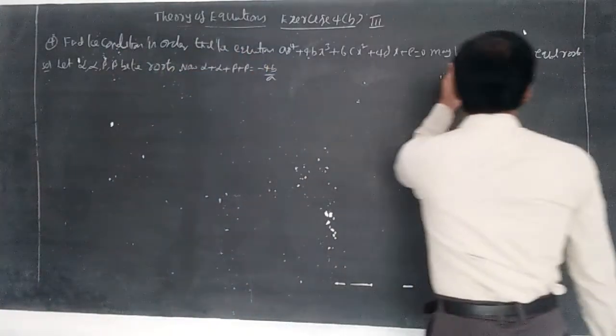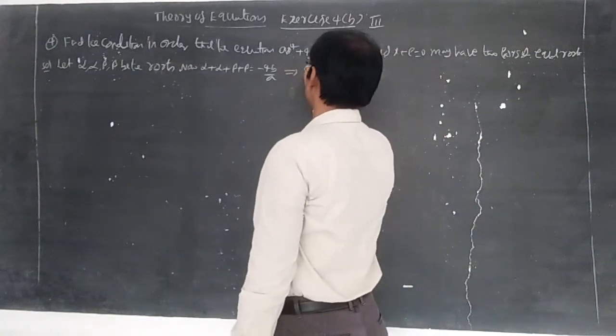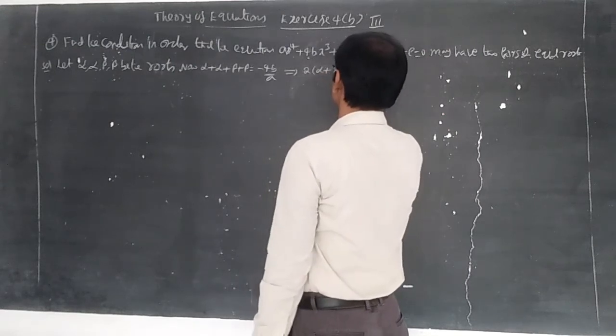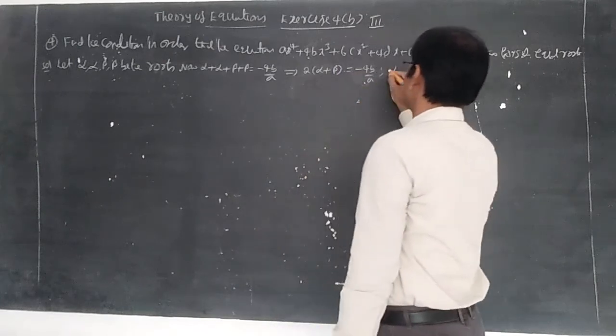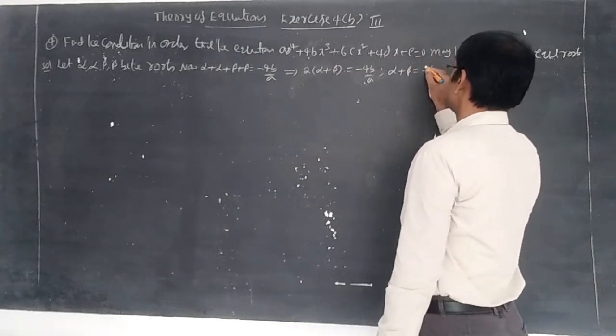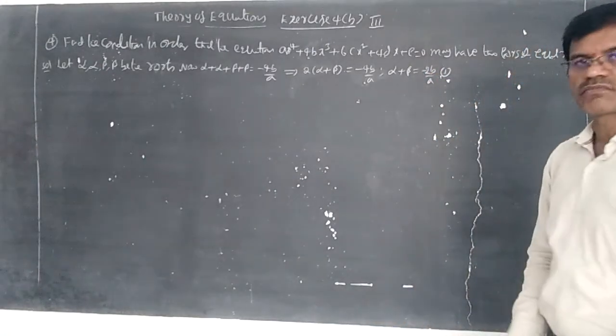Because there are two pairs of equal roots, we can write 2 alpha plus 2 beta, so 2 into alpha plus beta is equal to minus 4b by a. Alpha plus beta is equal to minus 2b by a. Let this be the first equation.